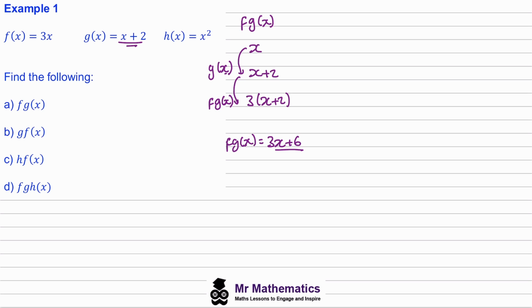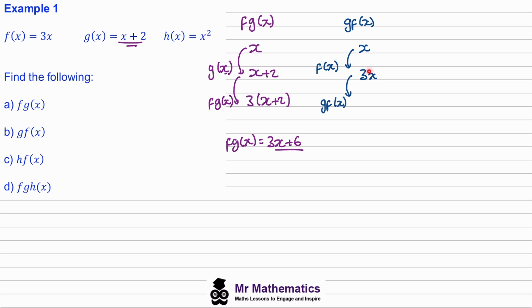Question B, gf of x. Again, we start to the right, so we start with the x, and then we apply f of x. And when you substitute x into f of x, we get 3x. And then we apply the function g.